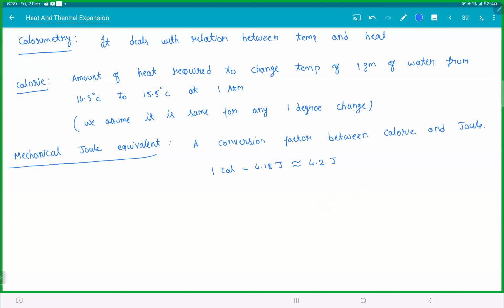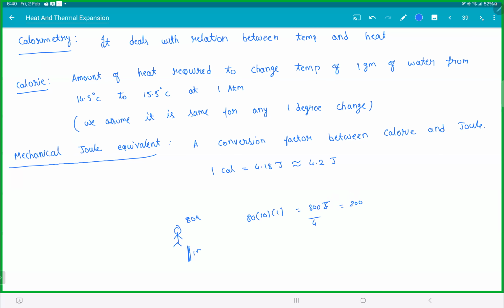So when you are running and jumping, think of it like this. Let's say we have an 80 kg person, and if he jumps 1 meter high and falls down, 1 meter high and falls down every second, how much energy is he actually consuming? mgh. That's how much? 800 joules, divided by approximately 4.